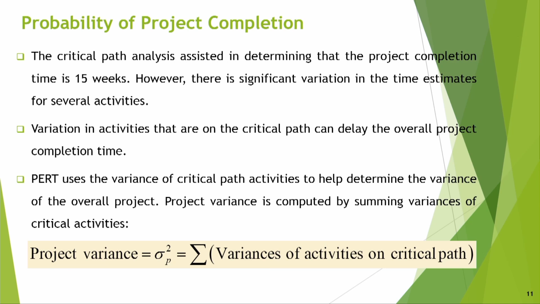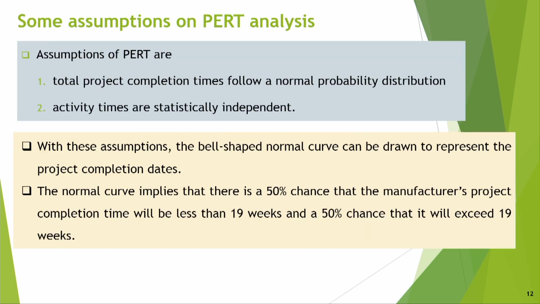So, PERT uses the variance of critical path activities to help determine the variance of the overall project. So, project variance is computed by summing variances of critical activities. So, this is important. Project variance sigma p square is the summation of variances of activities on the critical path. Only you have to add on critical path.